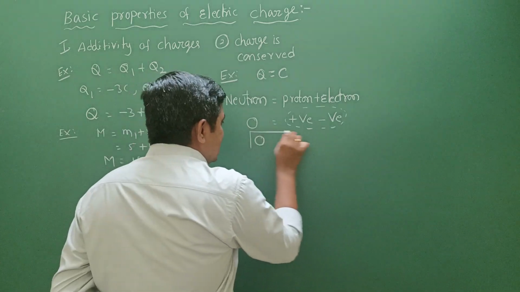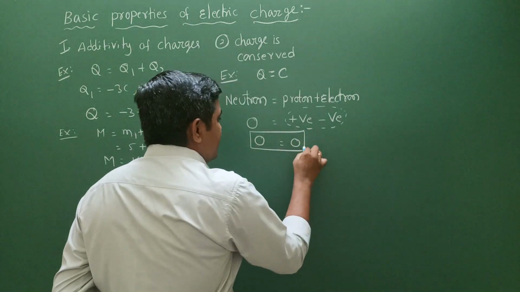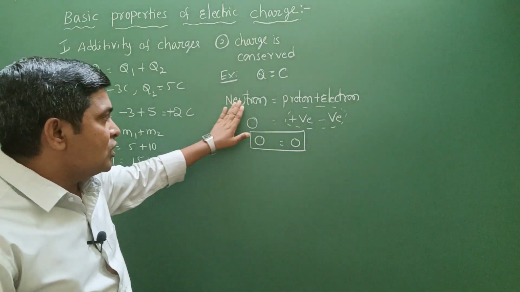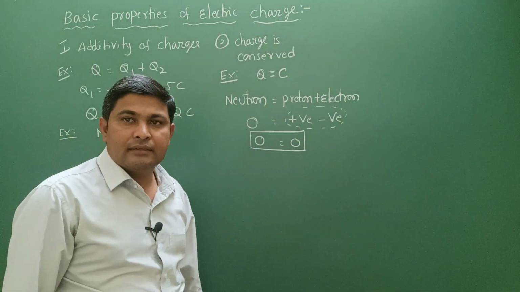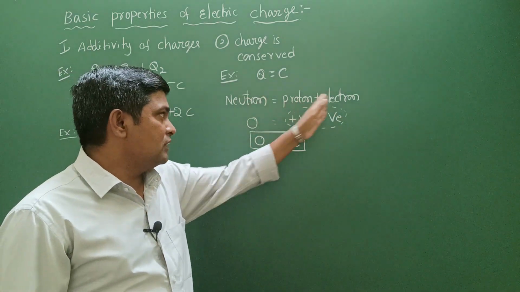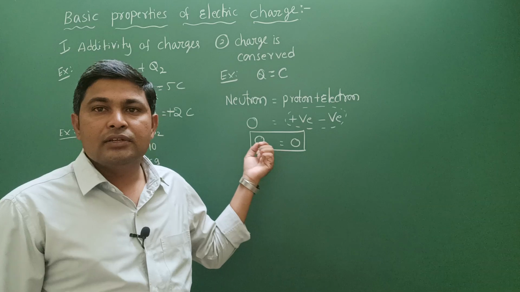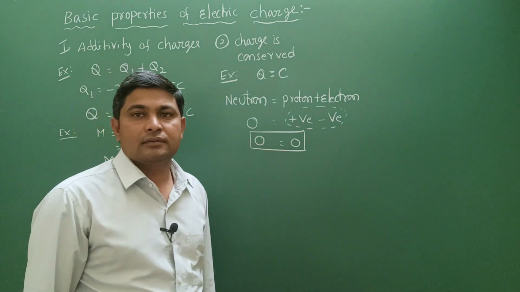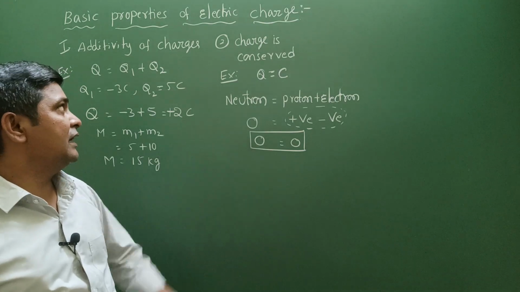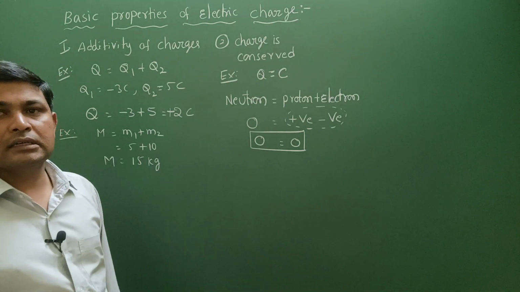So we can understand that even sometimes in the reactions when a neutron is separated, or neutron has reacted to form one proton and electron, the electrical property totally is going to be neutral. So that we can observe when charge is conserved.